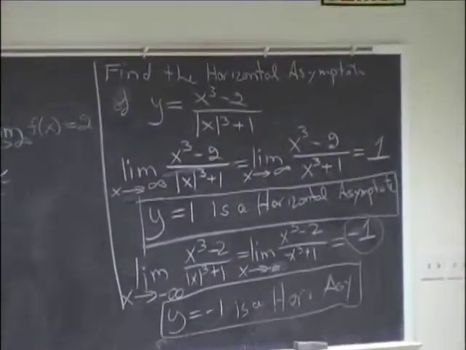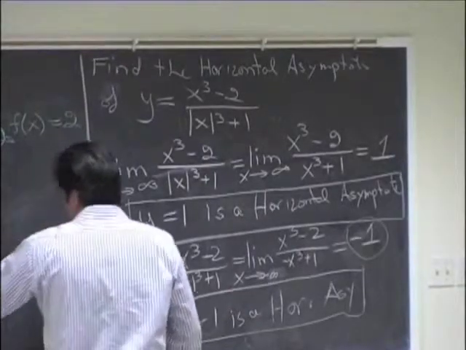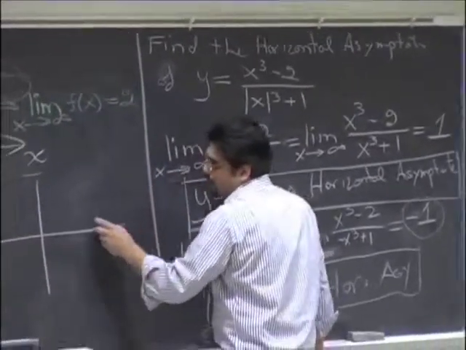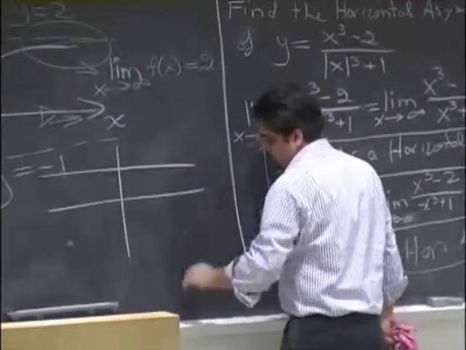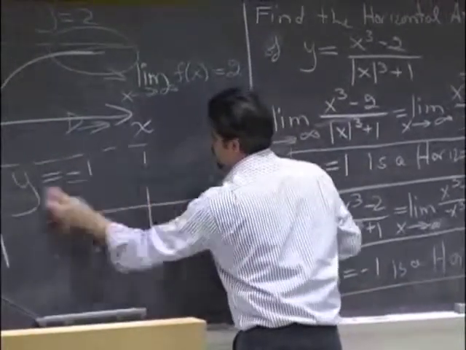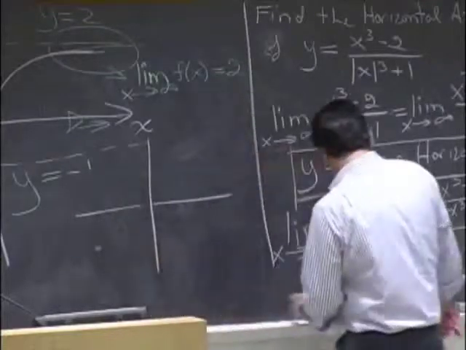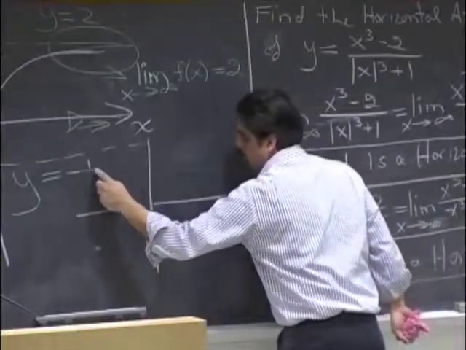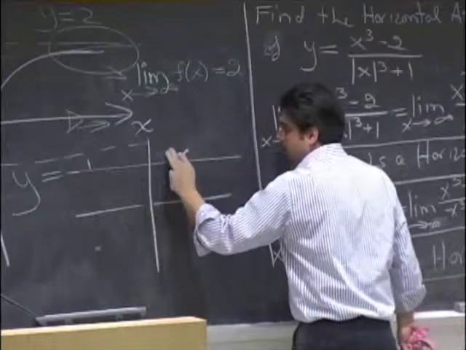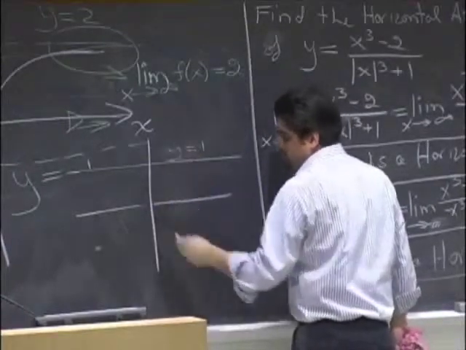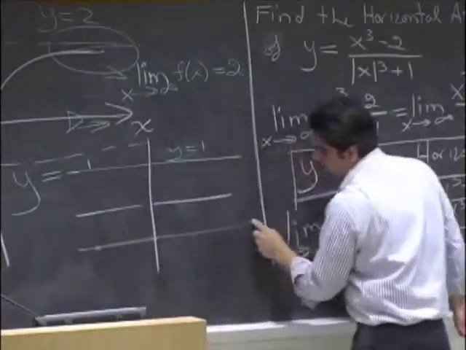The graph of that, by the way, looks like this. So here's 1. Here's 1. Here's negative 1.